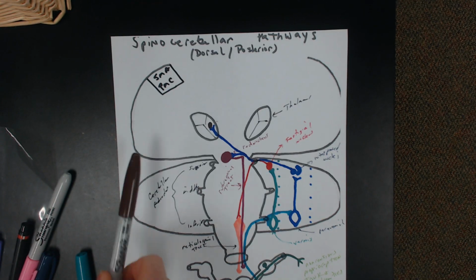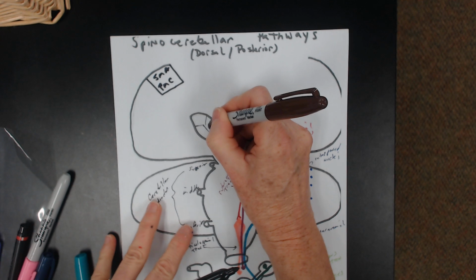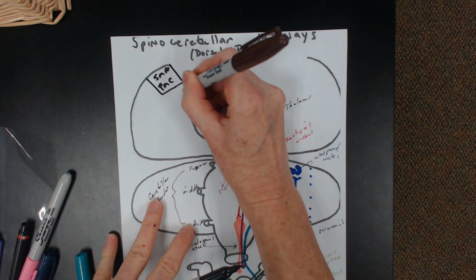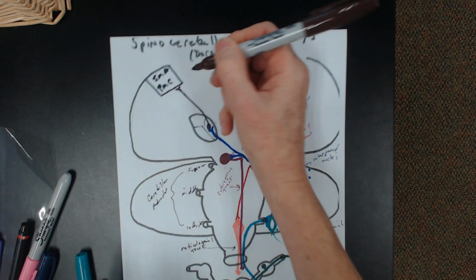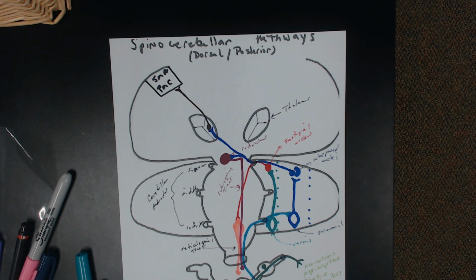So the axon that comes out of the thalamic nucleus delivers information to the supplementary motor area and premotor cortex. And that's how your brain is non-consciously, constantly being fed information from the cerebellum about the location of your extremities and trunk in three-dimensional space.